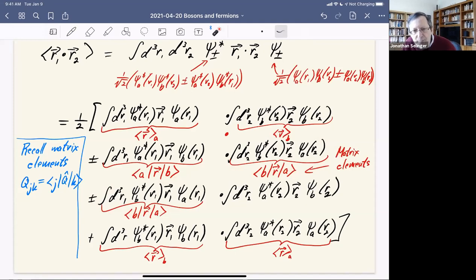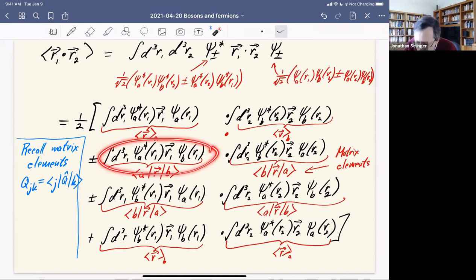But it's the same integral. It's the same thing to calculate. And likewise, this is A, R, B. So it's that matrix element, which is the same as what's right over there.